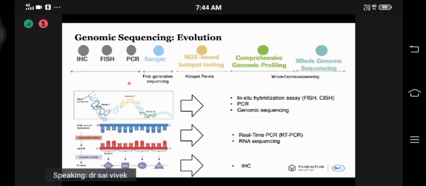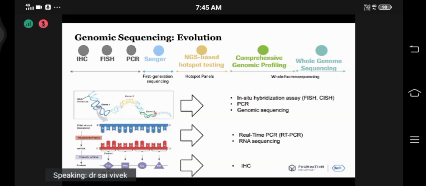So again, this is the evolution of it. We started off with IHC, which is just at the level of proteins. If you're looking at a protein like HER2 in breast cancer, ER, PR, HER2, that is immunohistochemistry, which deals with it at the level of the proteins. If you're looking at the level of RNA, or at the level of DNA being transcribed to RNA, following which mRNA is translated, here again RT-PCR, that is real-time PCR, or RNA sequencing comes in.